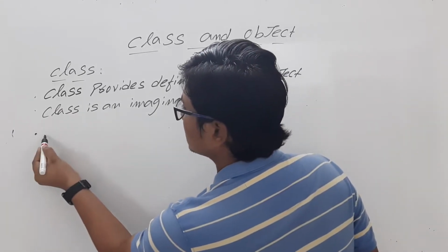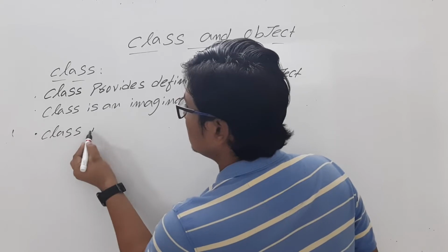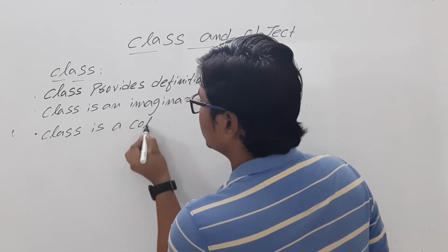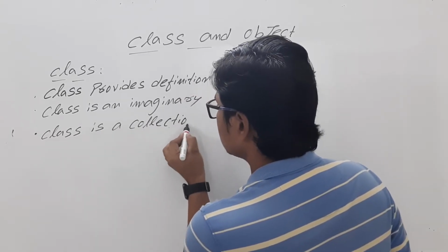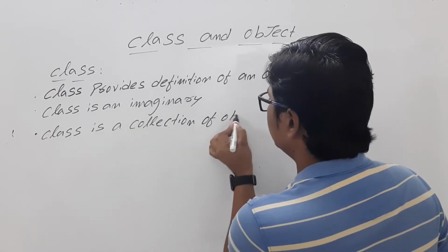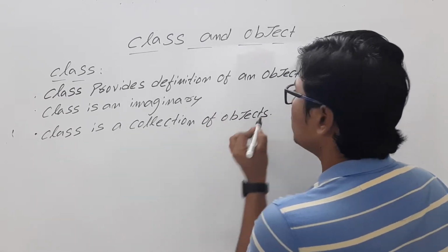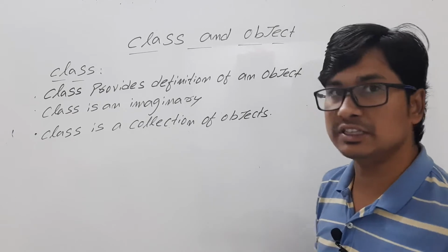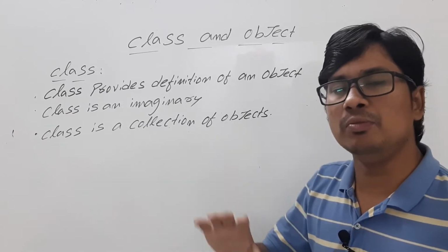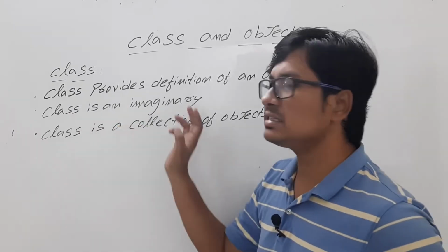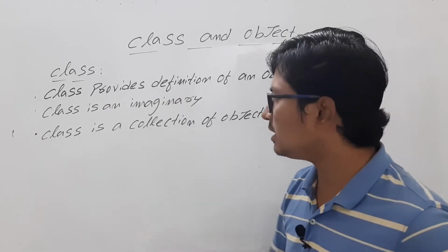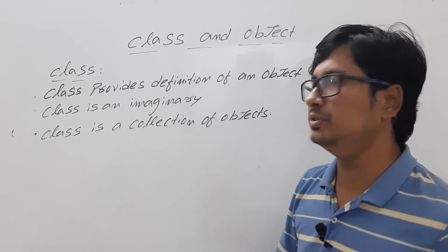And even I can say class is a collection of objects. See, these are the things people will say about the class. So class provides the definition of an object, how the object should look. And class is imaginary, memory will not be allocated. Class is a collection of objects.